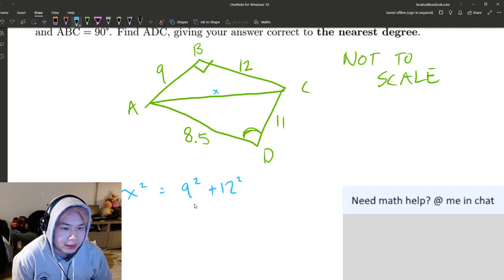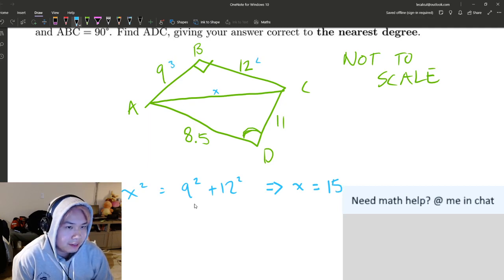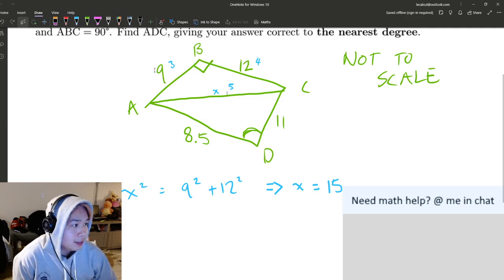Again, this is a calculator thing, but you do Pythagoras and you can find out what x is. But you don't necessarily need it. I'm pretty sure x is 15, because essentially this is a 3, 4, 5 triangle, but we just multiply all 3 sides by a factor of 3. So 5 times 3 is 15.